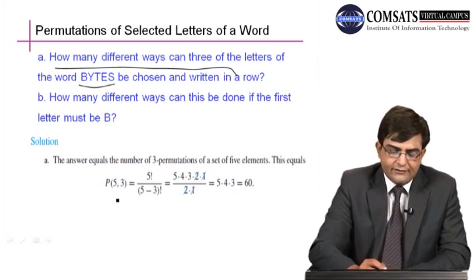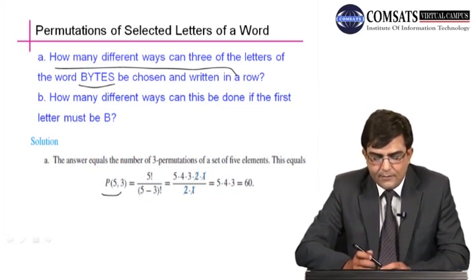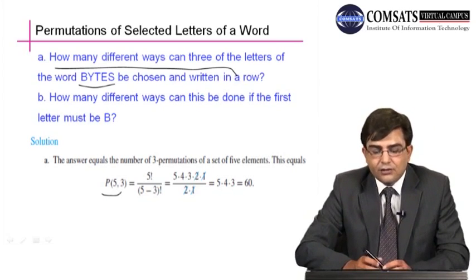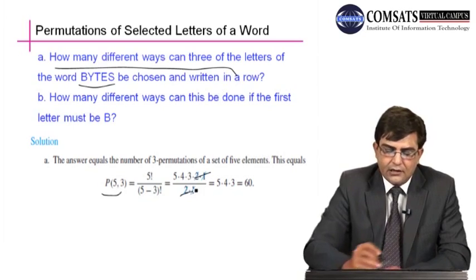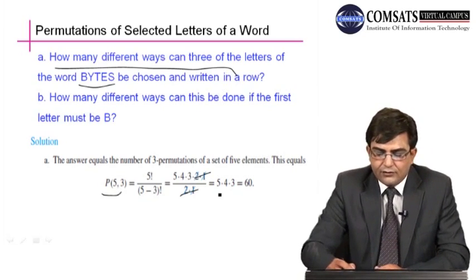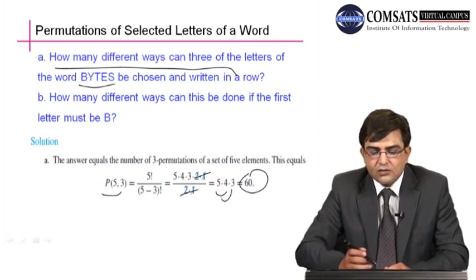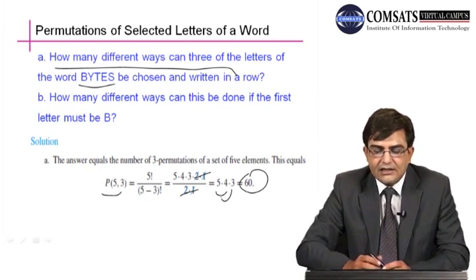So we have to calculate p of 5 3, and this is 5 factorial over 5 minus 3 factorial, which gives us 5 4s are 20, 23s are 60. So there are 60 ways we can arrange 3 letters of the word bytes.